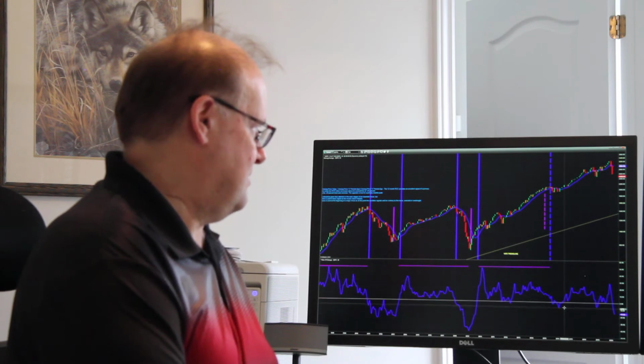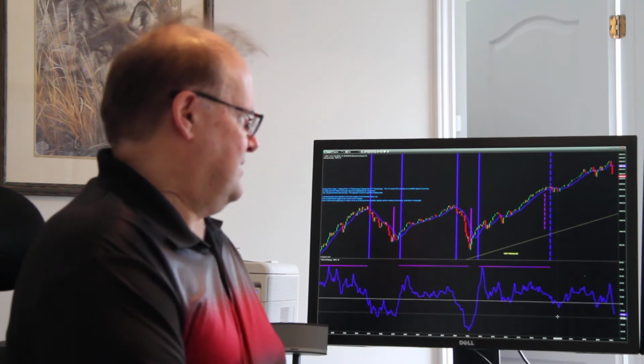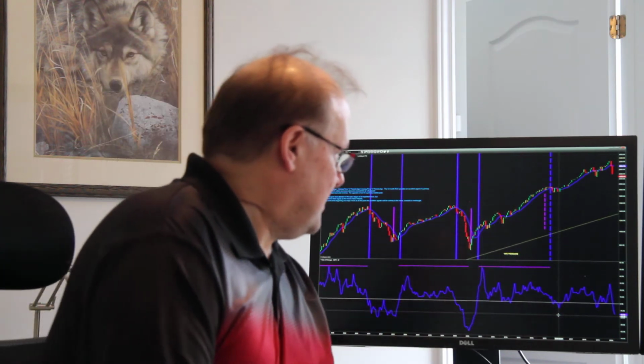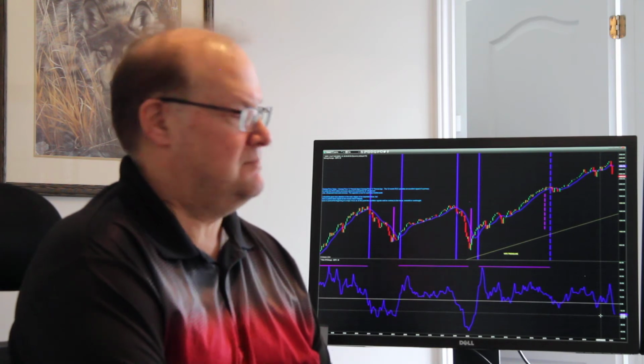We dipped below the 0 line, but we never got below -20. What I said on this one is when it goes to -20 and then back above -20, that's a buy signal. And right now we've gone from +30 down to about -15, and we haven't reached that -20 mark yet.